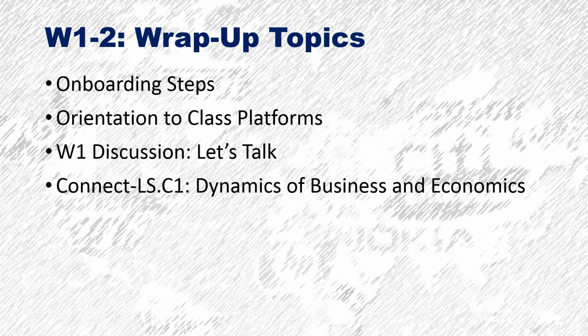You also started to do the first of the Learn Smart activities, and in this case it was Chapter 1, Dynamics of Business and Economics. Learn Smart is an adaptive learning technology that learns along with the student, meaning that as you read the passage, you will be presented certain practice questions that then assess how much you have understood.